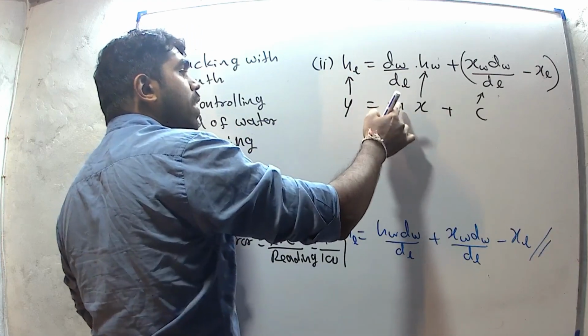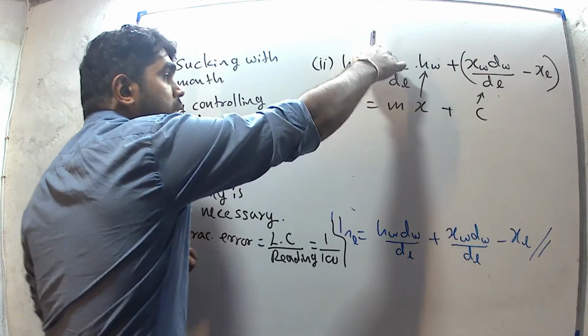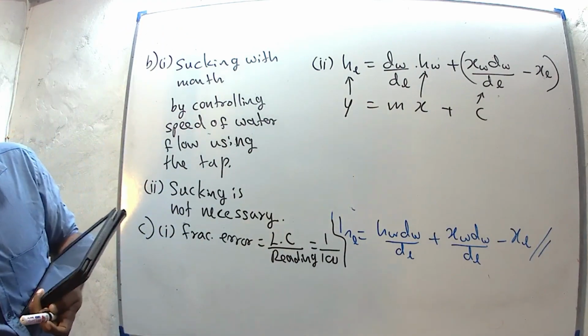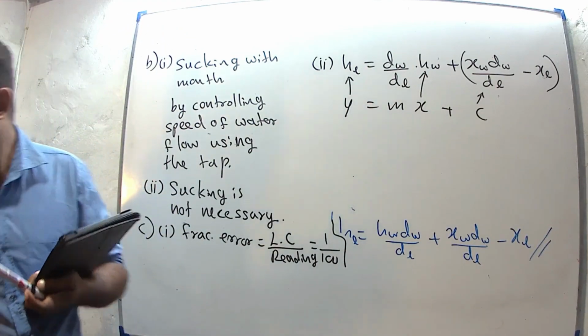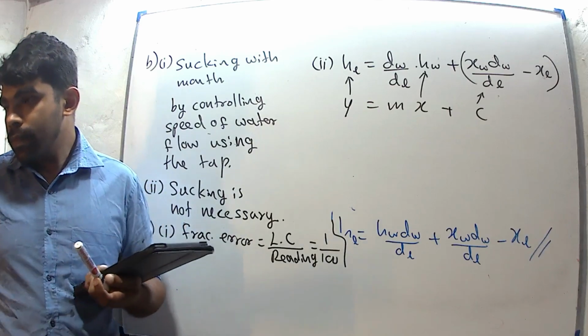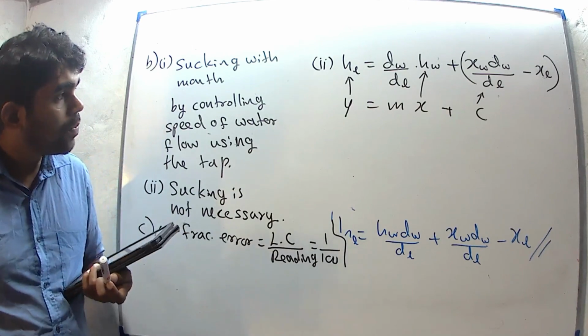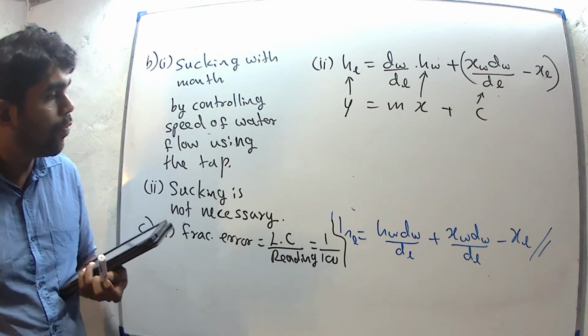Now we can equate the gradient to this value. This value means dW divided by dL, which is the reciprocal of the relative density of sulfuric acid.